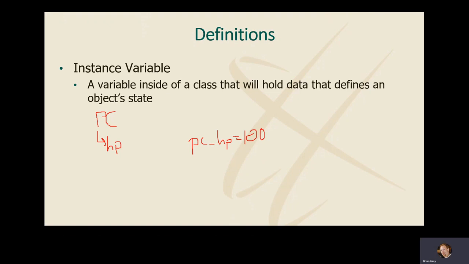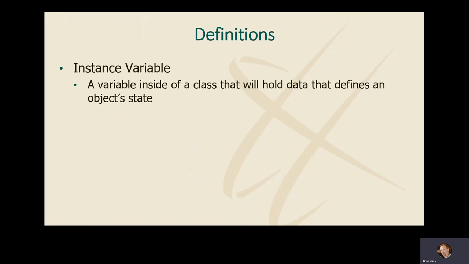Well, in our object-oriented programming, we might want to say PC dot underscore HP equals 100. We would need a variable inside of the instance of the object to store that information. Variables are how, no matter where we are encoding, we give a name to information in order to be able to access it later on. Instance variables define what sort of state will be internal to any given class and what sort of information can be held by any given object.